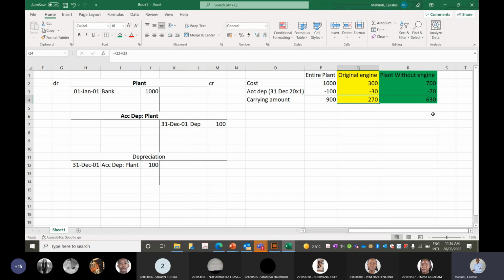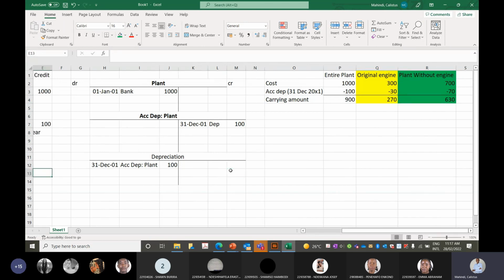It's a loss because we had this value of this engine, but now we're saying the engine does not exist anymore. We have to remove it. So this amount is called an impairment loss. This 270 is called an impairment loss.